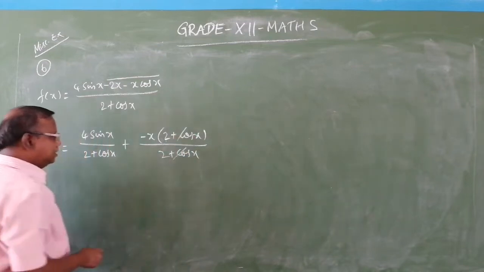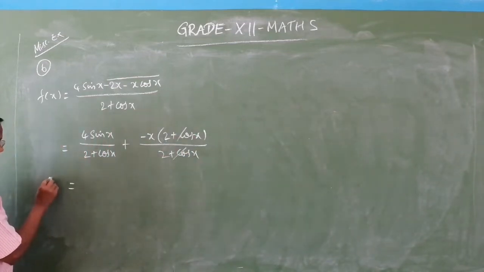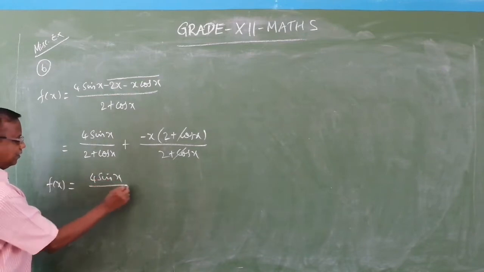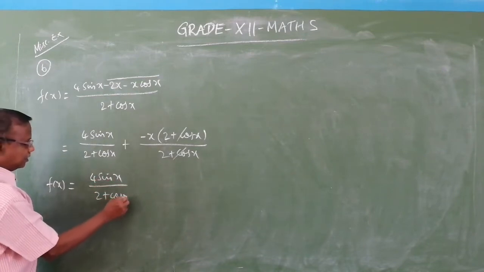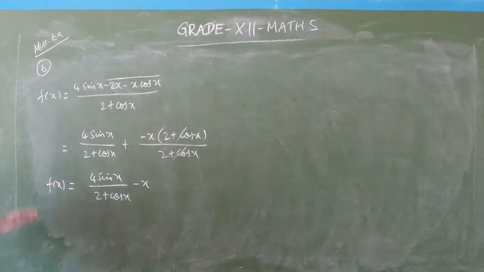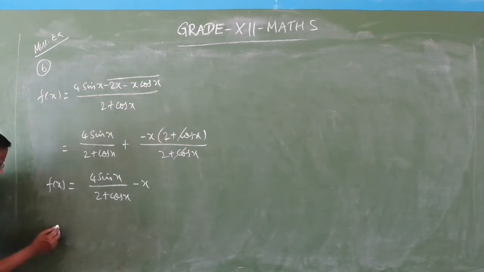So eliminating these two, f of x equal to 4 sin x divided by 2 plus cos x minus x. We are asked to find the intervals in which f of x is increasing or decreasing, so we have to differentiate only once.